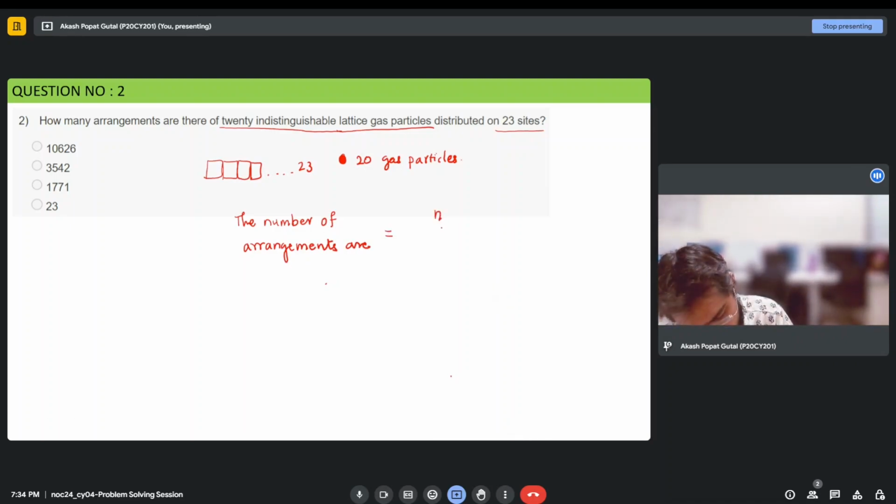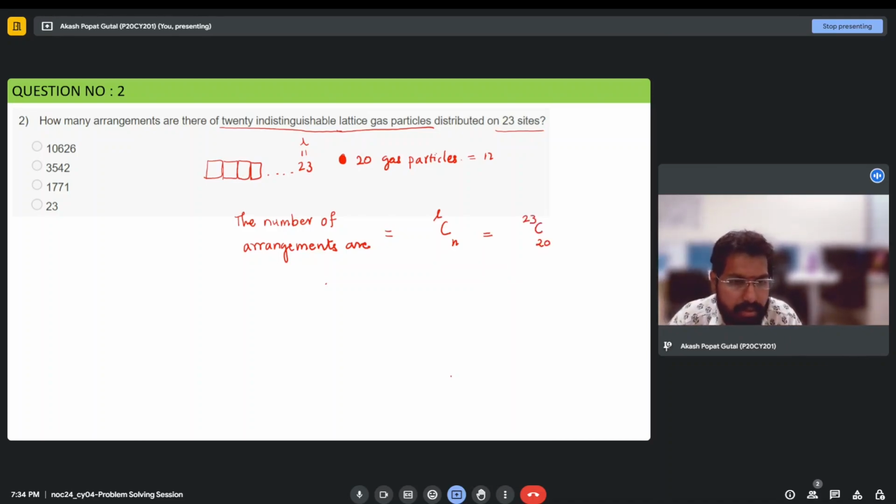So that's why we can calculate the number of arrangements as L choose n, where L is the number of lattice points and 20 is n, which is nothing but 23C20. How many combinations can we get from 23 lattice sites which are having 20 unique arrangements?